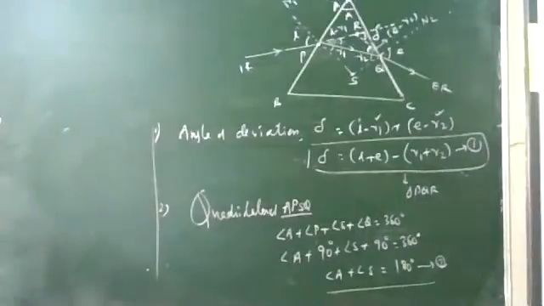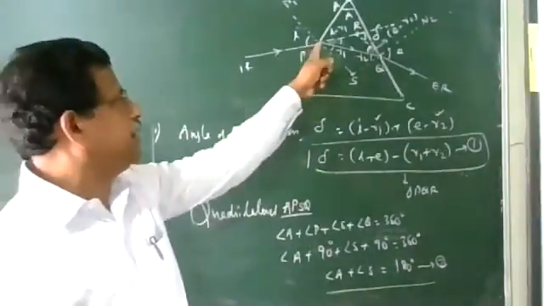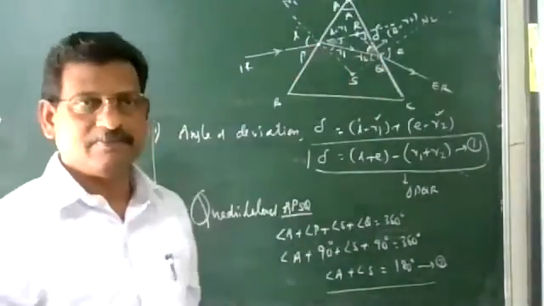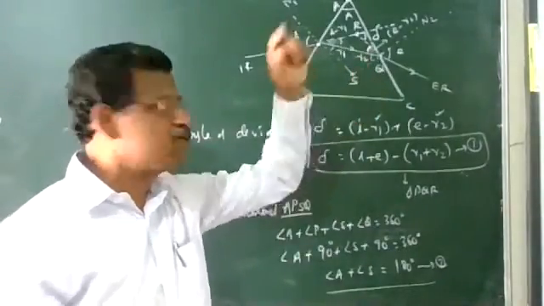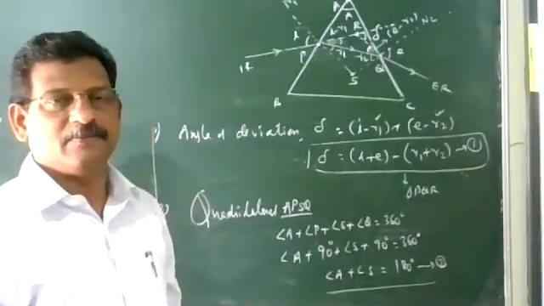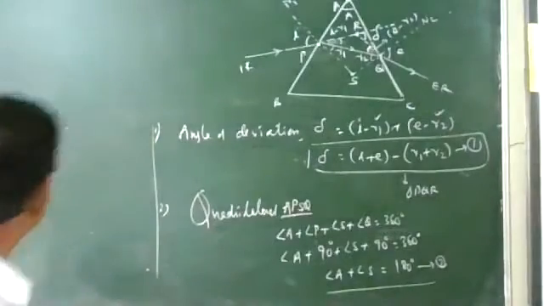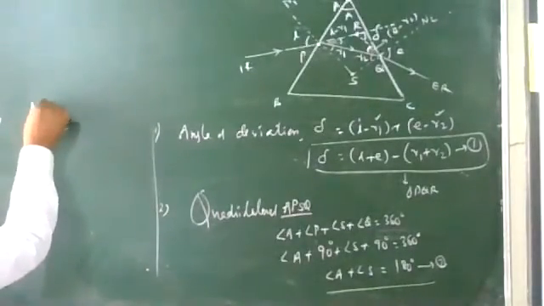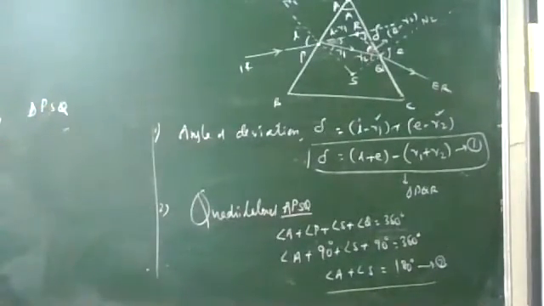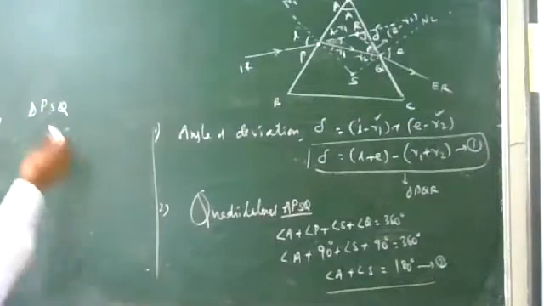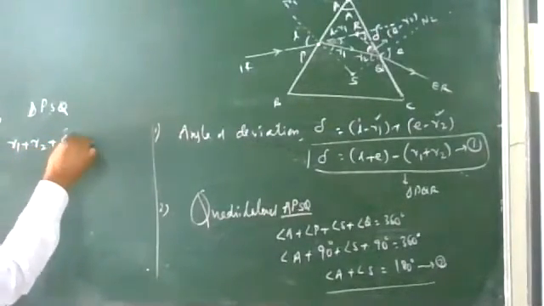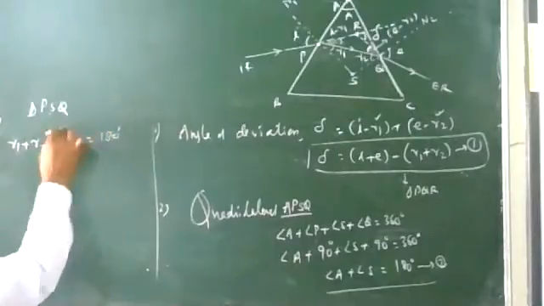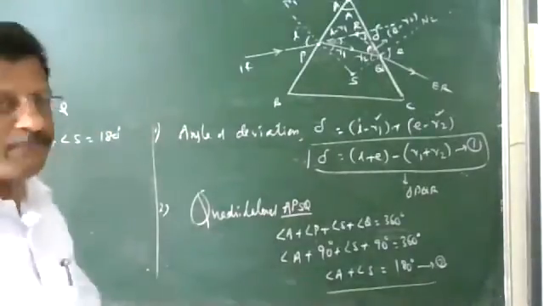We have to take a small triangle here, triangle PSQ. In that, angle R1 is there, R2 is there, and S is also there. In triangle PSQ, R1 plus R2 plus angle S equals 180 degrees.